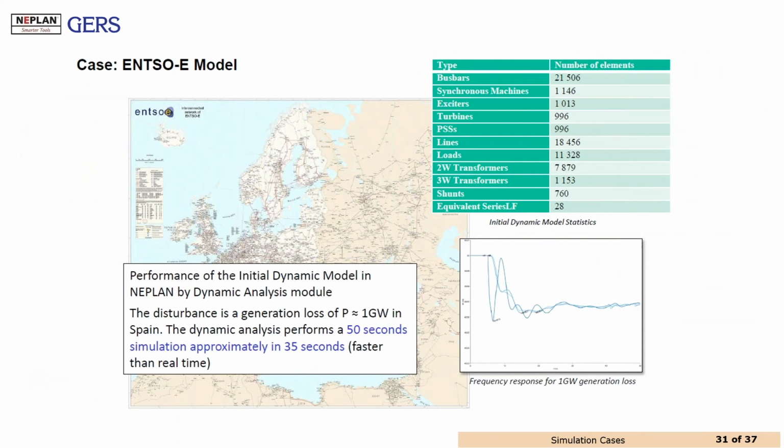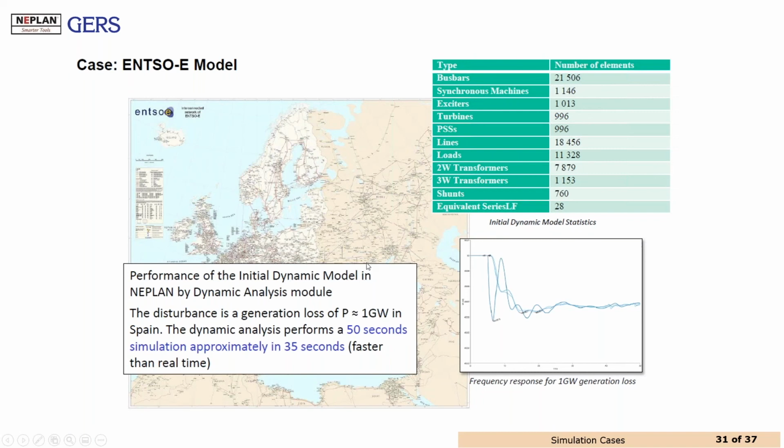Finally, let's present here the application of parallel computing, because in this case, we can see the whole European transmission system, in this case the ENTSO-E model, that has around 21,000 nodes.